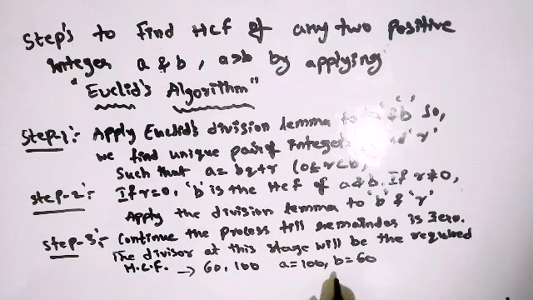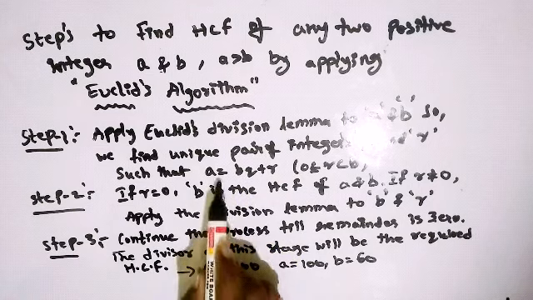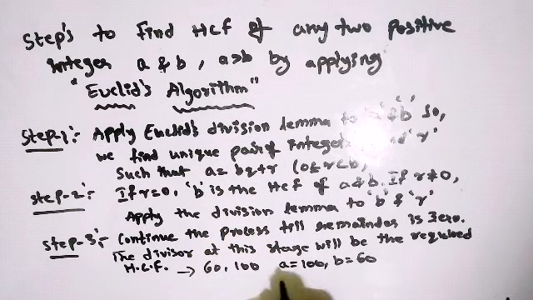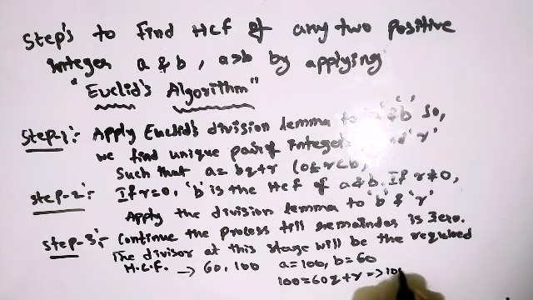To these two numbers we apply Euclid's division lemma to find a pair of integers q and r. In place of the formula a equals bq plus r, I substitute these values: a is 100, b is 60. If we apply this formula, we get q and r. Let's see how they exist. Here 100 equals 60q plus r.